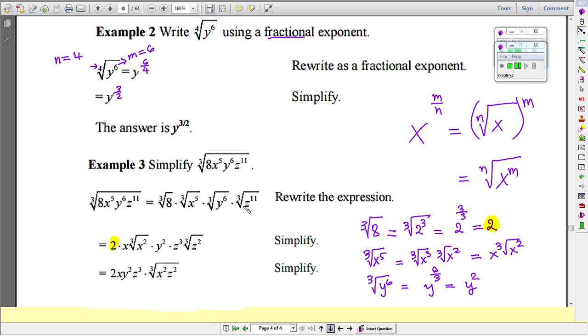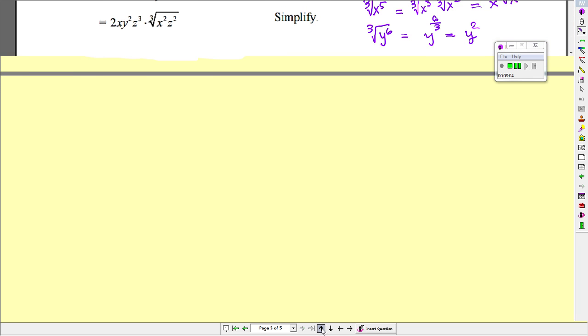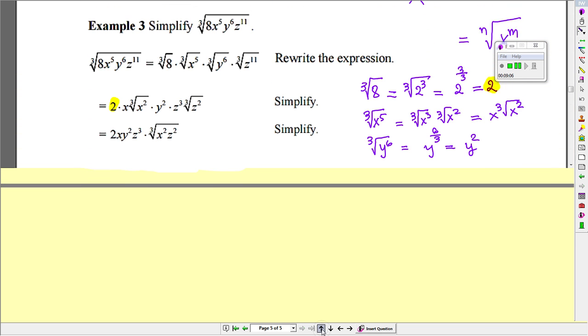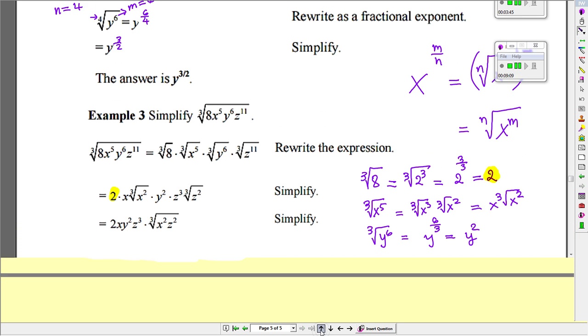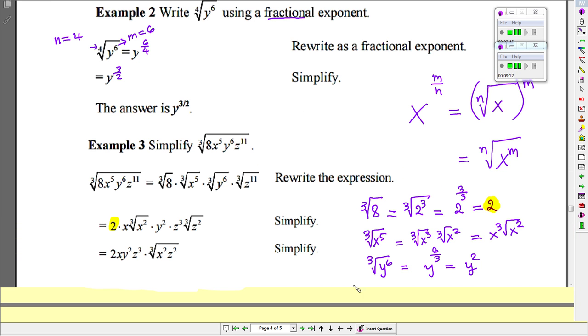Okay, so the next one here is cube root of z to the power of 11. First of all, 11 divided by 3 will have a remainder, so I'm going to break it down. 11 will be 9 plus 2.